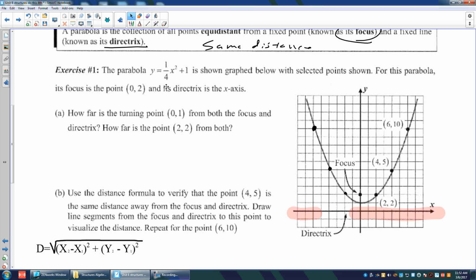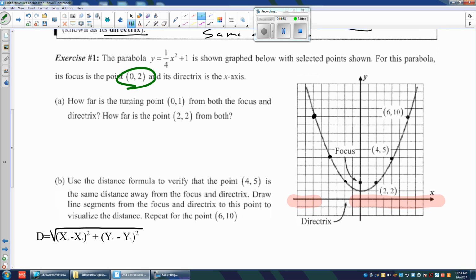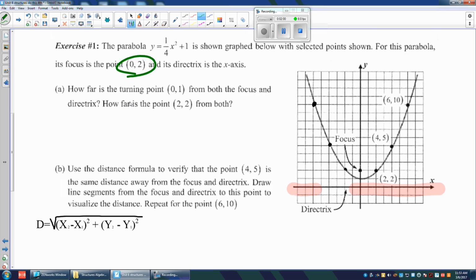Here we have the parabola y equals 1/4 x squared plus 1, shown graphed below with selected points shown for this parabola. Its focus point is (0, 2). Don't worry right now how we know that the focus is (0, 2) and that the directrix is the x-axis. We're going to figure that out later. Right now, we're going to say how far is the turning point (0, 1) from both the focus and the directrix.